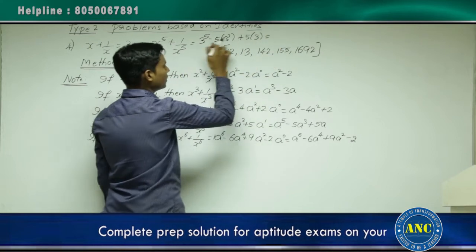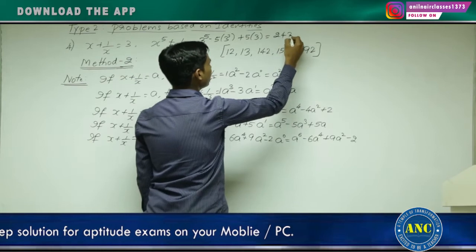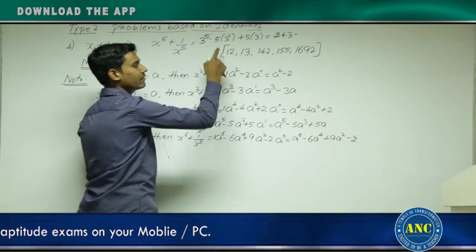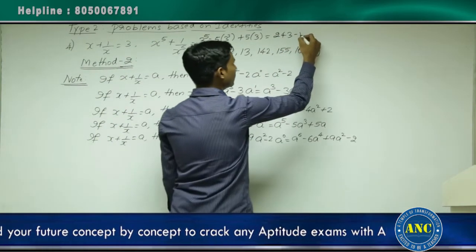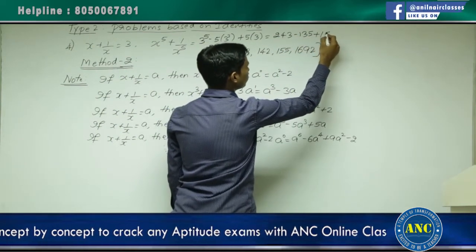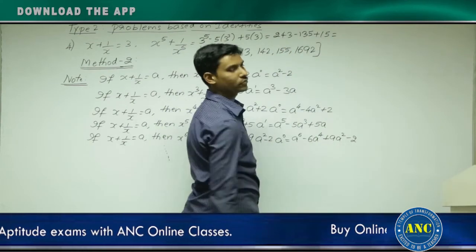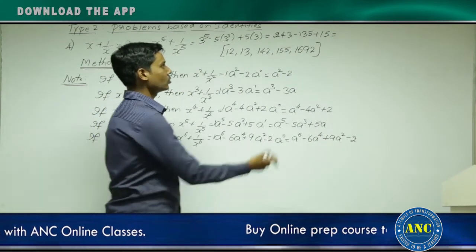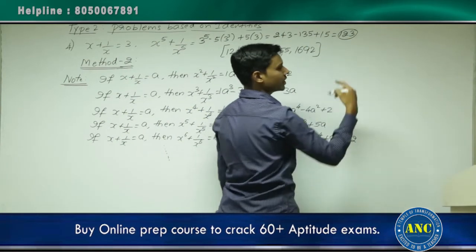This is nothing but 3 power 5 is 243, minus 27 into 5, which is 135, plus 15. So 243 minus 135 plus 15 is 243 minus 120, which is 123. That is what we got in method 1 also.